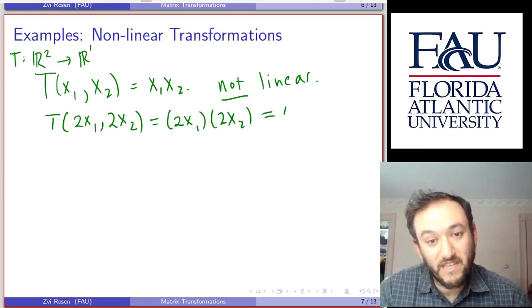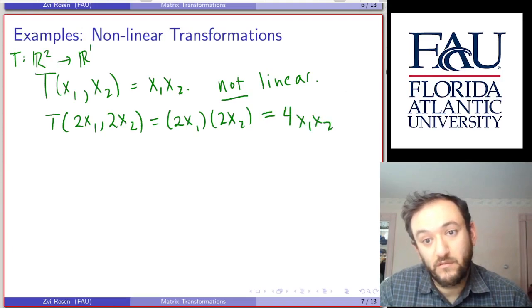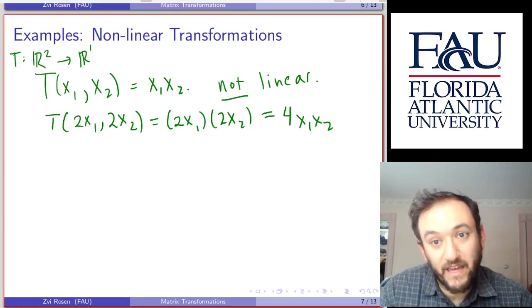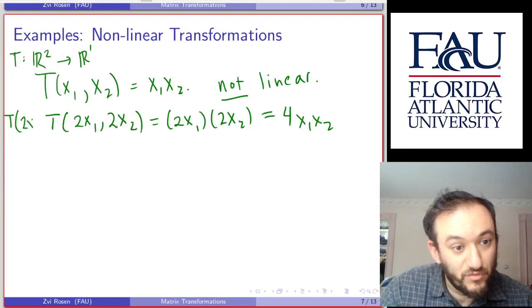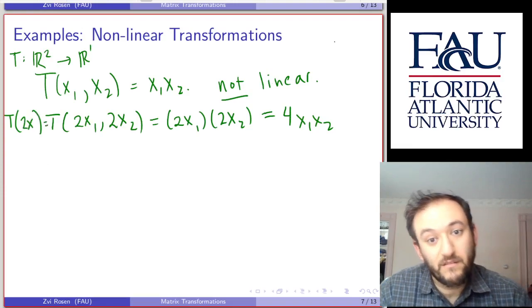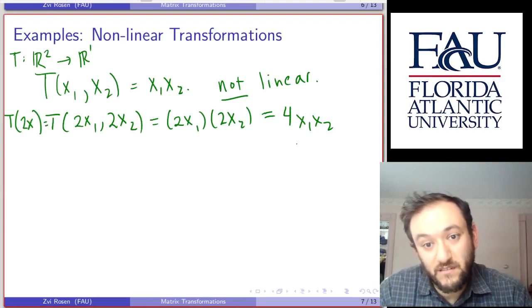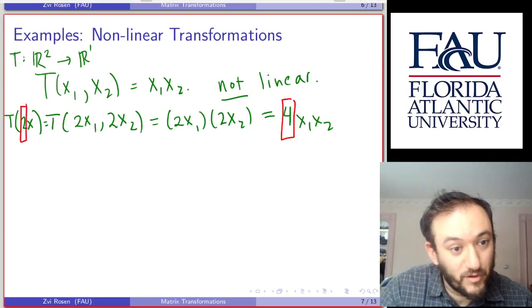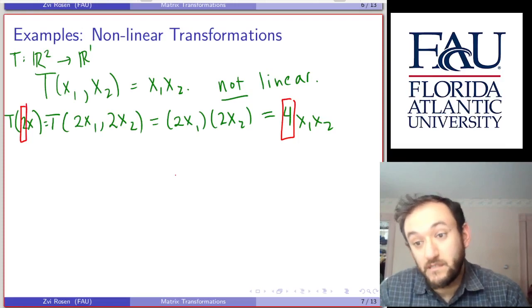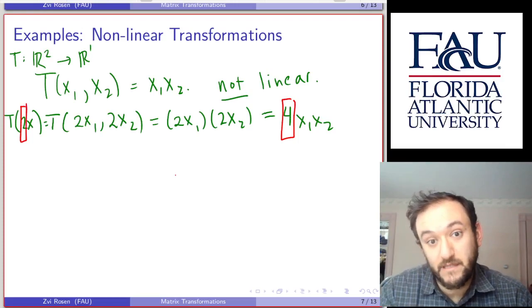But that's 4 times x1 x2. So we have 4 here, and we have an input multiplied by 2. Since those don't match up, that means it's not linear.